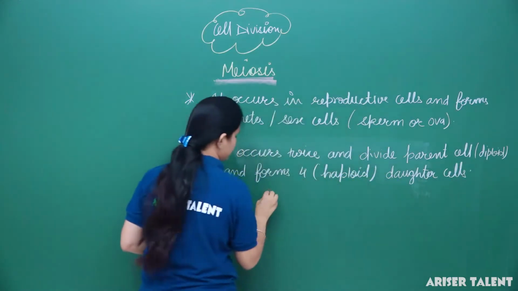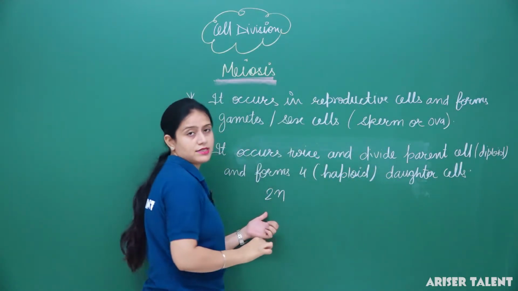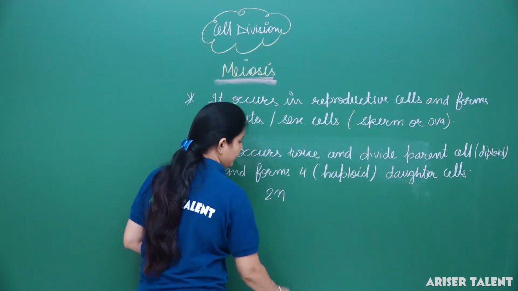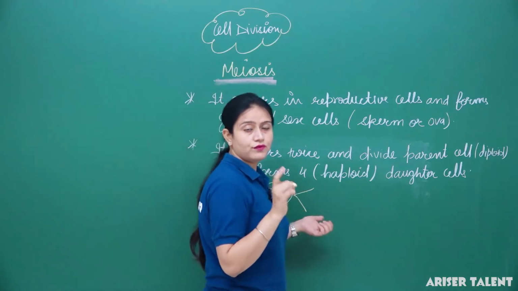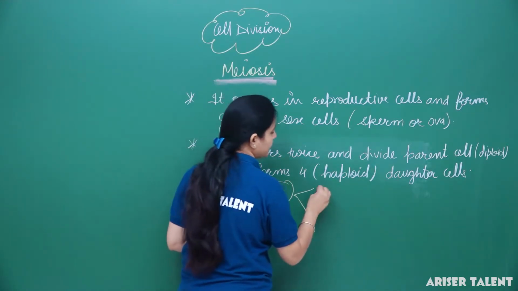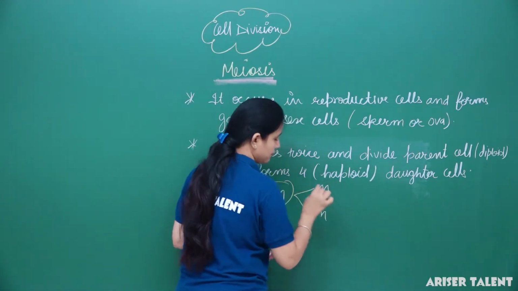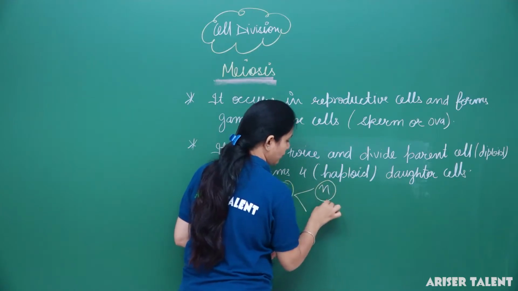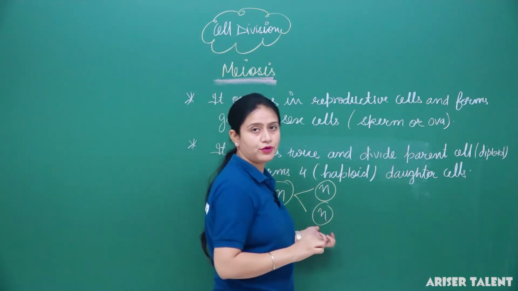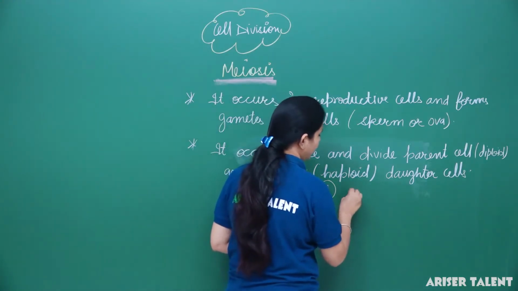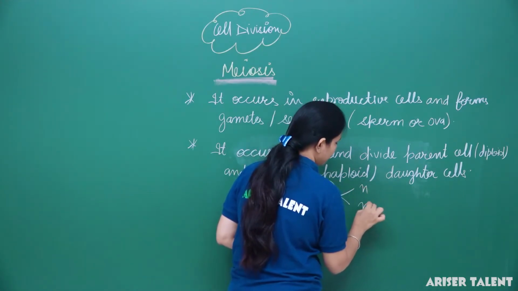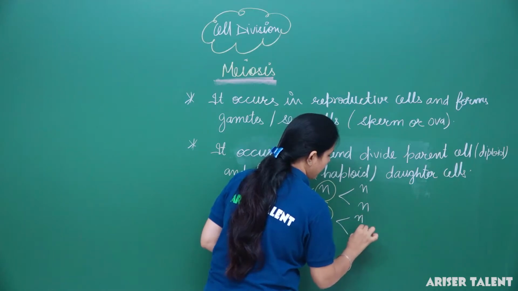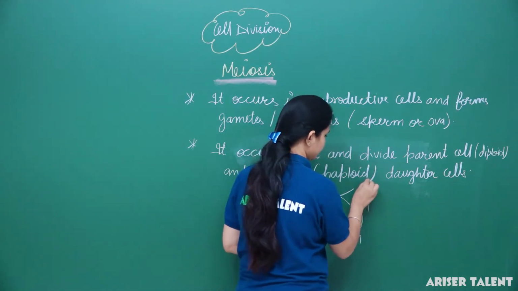How does it take place? Here you can see the parent cell. When there is the first meiosis, it divides and forms daughter cells, which are haploid in nature. Then again it will divide. This is the second meiosis, and here it will form 4 haploid daughter cells.